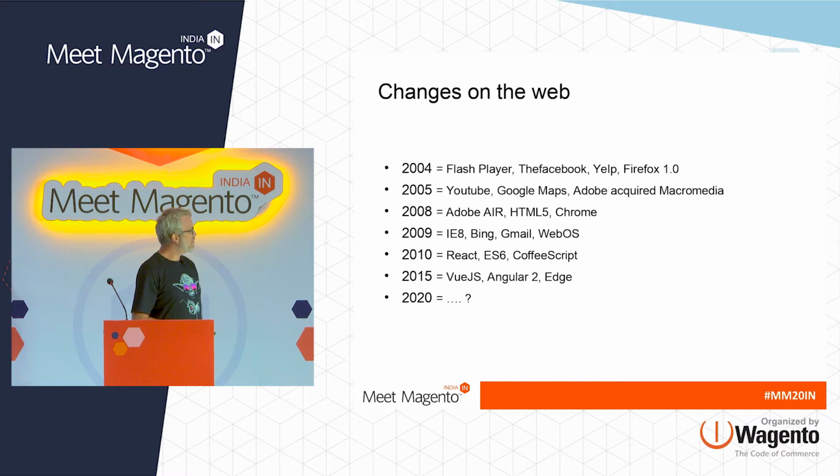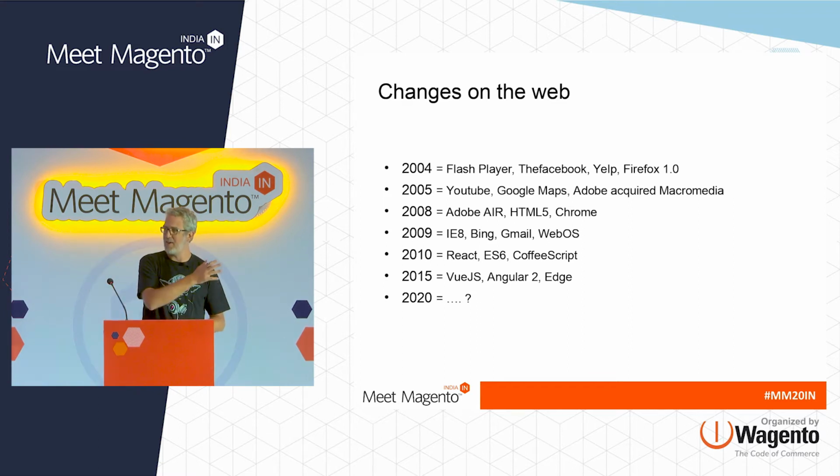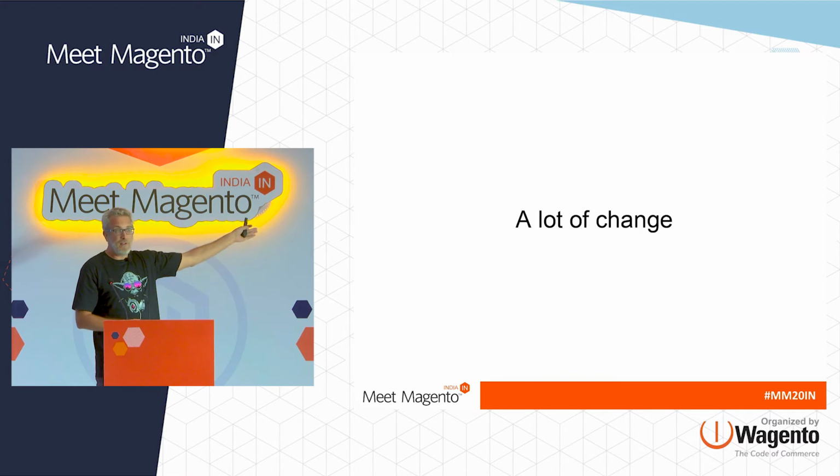YouTube was introduced in 2005, something called Adobe Air was launched. I'm not sure if anybody ever developed something in Adobe Air. No, well, that's maybe also a point. So sometimes Adobe is doing really successful things like Flash, and sometimes it's not doing that many successful things like Air.